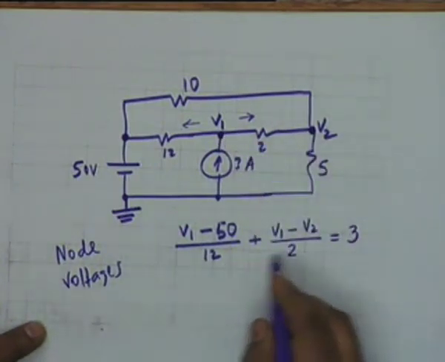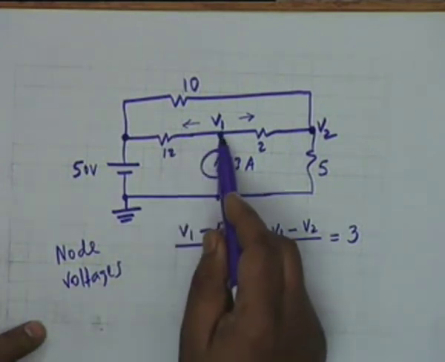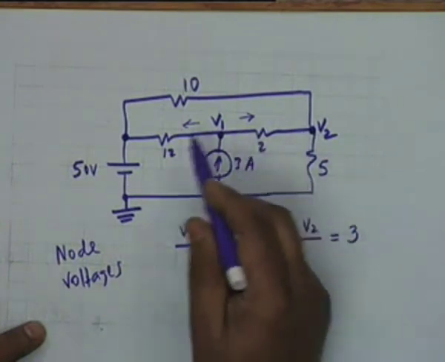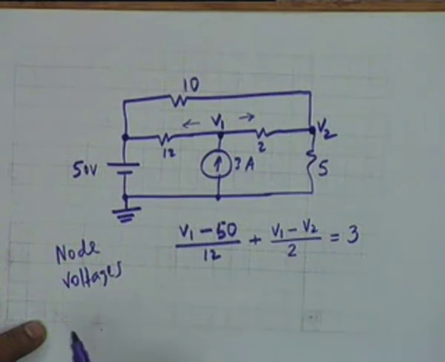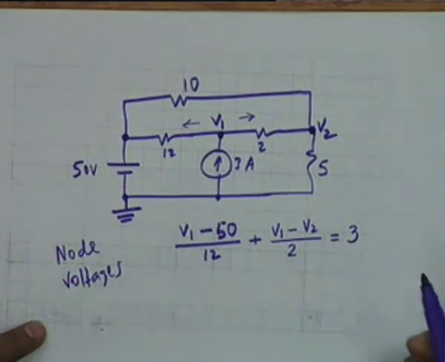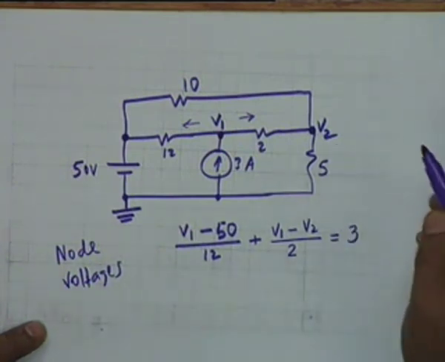Is that okay? This is an expression for KCL. The current leaving in this direction, current leaving in this direction should be equal to the current coming. I could have written this with minus 3 equal to 0, but I have written it with 3. Let us go to the other equation.